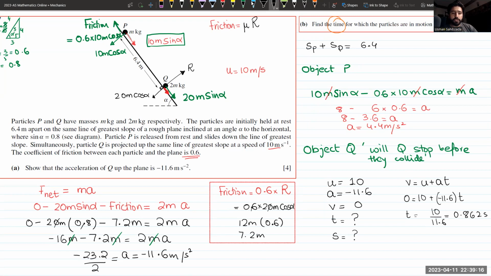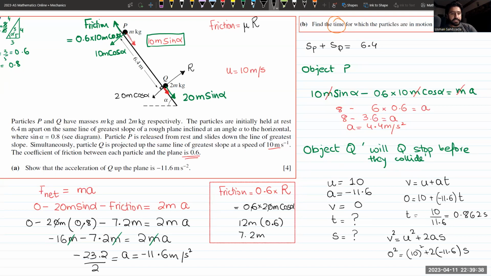We also would want to find out what's the distance up the plane that it has traveled. v squared equals u squared plus 2as. v is 0 squared. u is 10 squared. 2 times the acceleration, negative 11.6, times s.